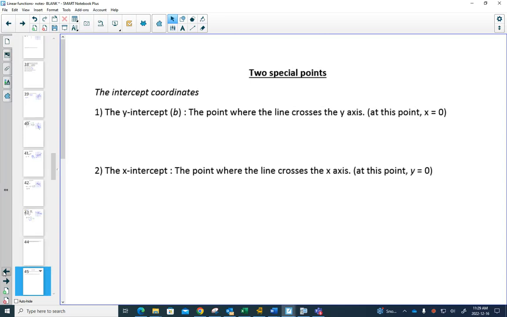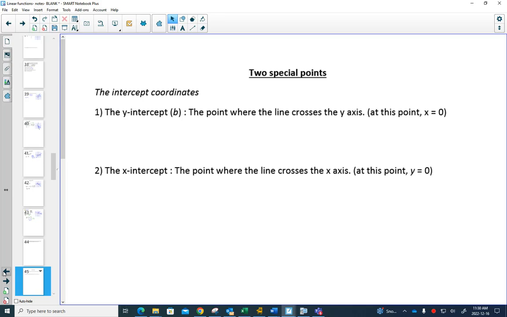So we saw this in our last example, that our x-intercept and y-intercept are two special points, and they can often be used to find your graph quickly. They're super easy to find. The y-intercept, that's your b value if it's in y equals mx plus b, but you can always find it by plugging in x equals 0.